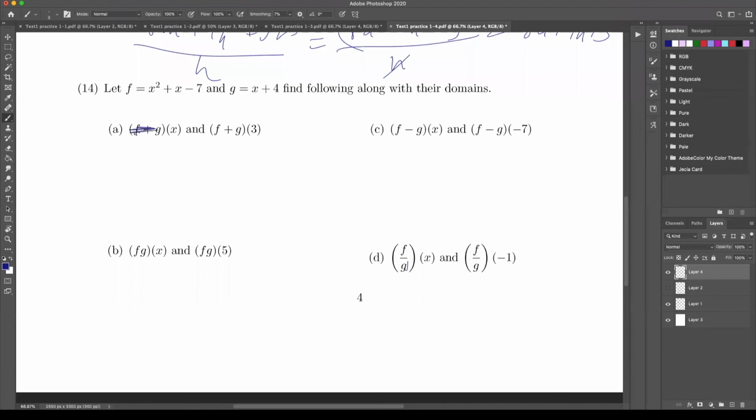We're going to get rid of this, and we're going to say this is f of g of x and f of g of 3. We're going to get rid of this and get rid of this. We're going to do f of f. Then we're going to get rid of this, and I'm going to make this g of f of x, and then g of f of y, and then we'll have g of g of x and then g of negative 1. Okay, that way you have the whole practice.